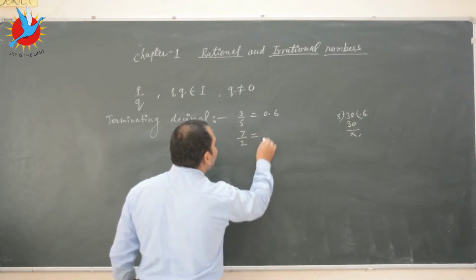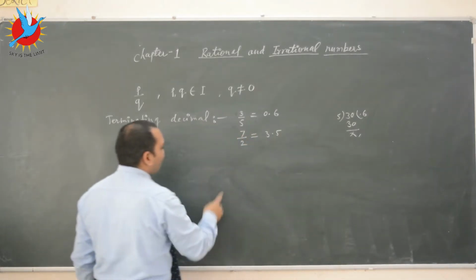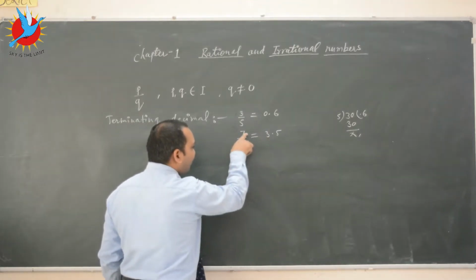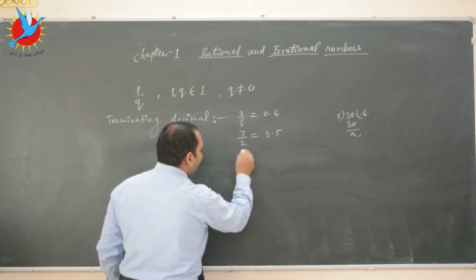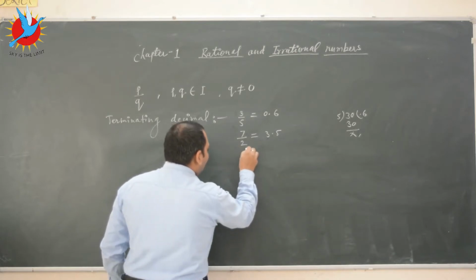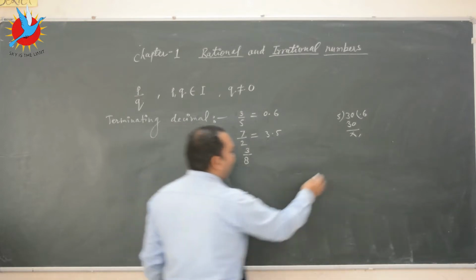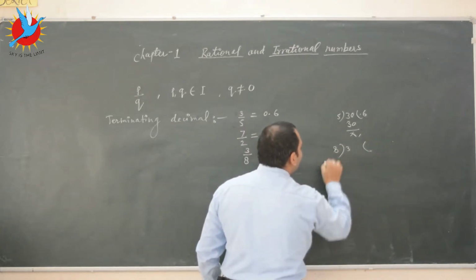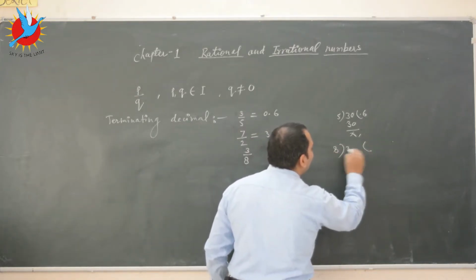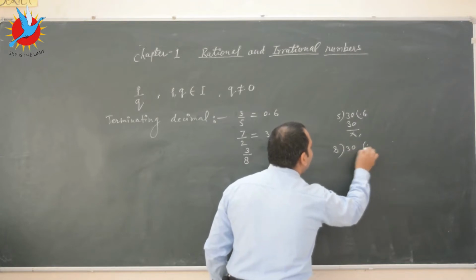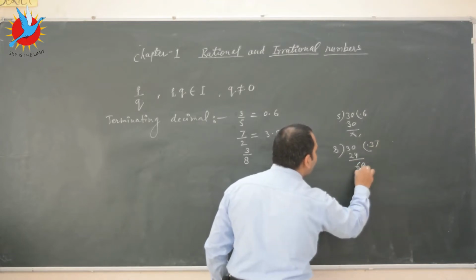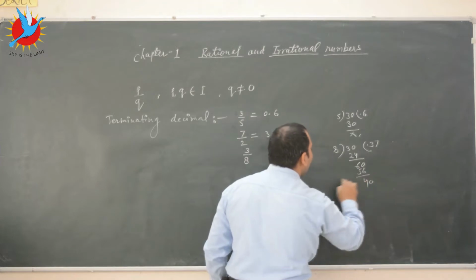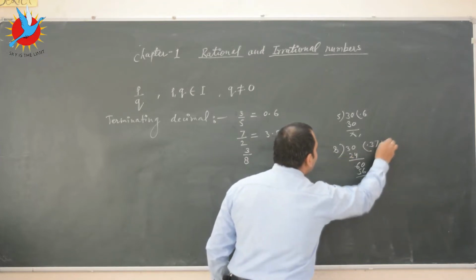7/2 can be written as 3.5: 2 threes are 6 and 1 remains. After the decimal, 1 becomes 10, 2 fives are 10. Next, 3/8. If we divide 3 by 8, we get 0.30, 8 threes are 24, then 60, 8 sevens are 56, and 4, that is 40, 8 fives are 40.